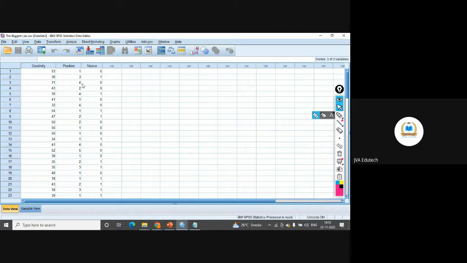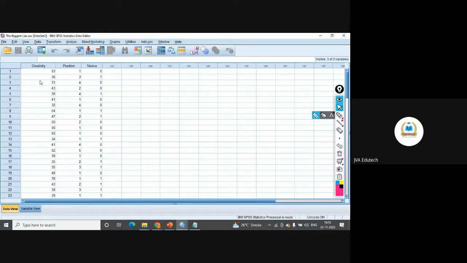So they have been asked to take a test to judge their creativity skills, which has been given some numbers. And then based on this creativity score, they have been given the position in the competition as first, second, third, fourth. Is this situation clear? Yes.